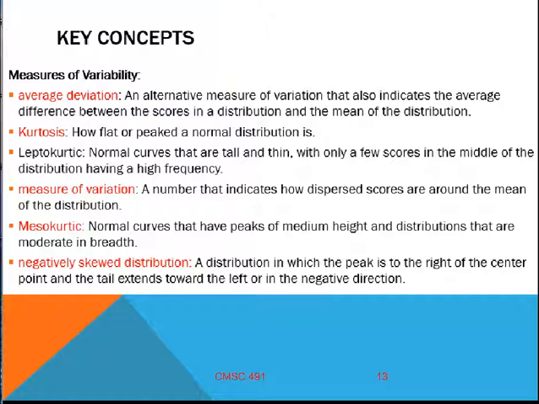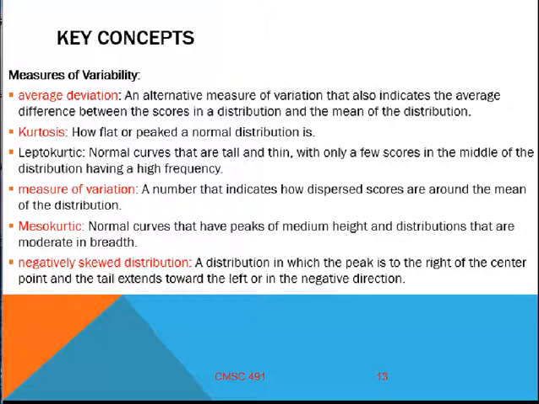Standard deviation is the square root of the average squared deviation from the mean. Again, it's used only with interval and ratio data, and it uses all of the values in the data set, and it's the most frequently used of the measures of variation.